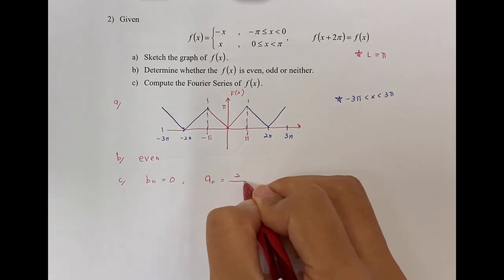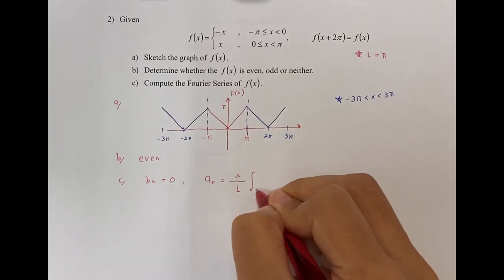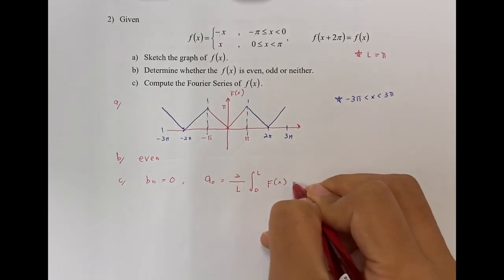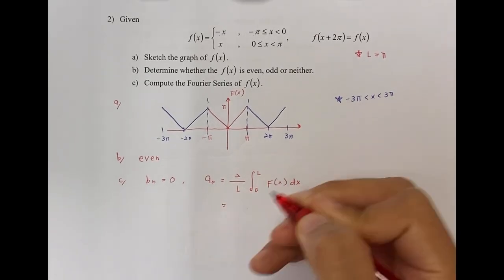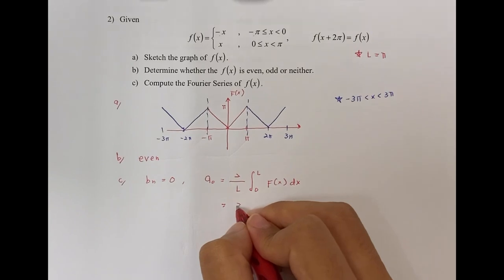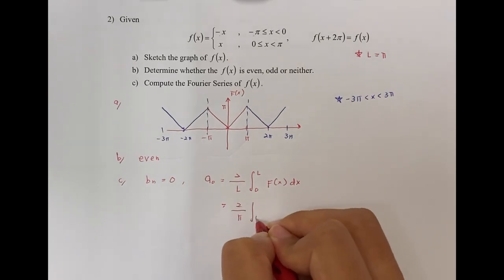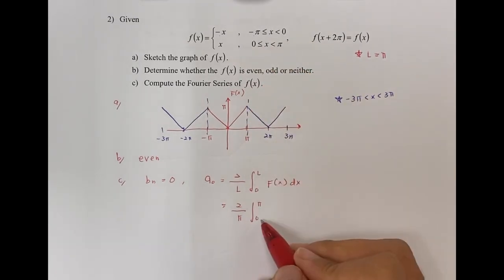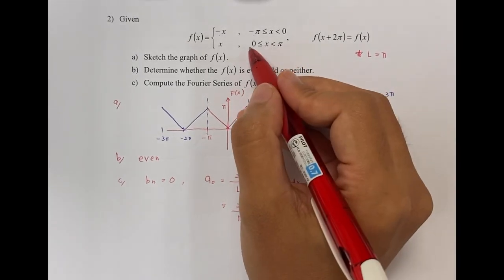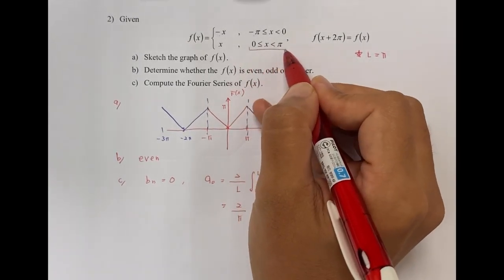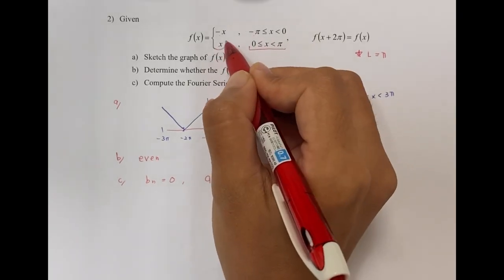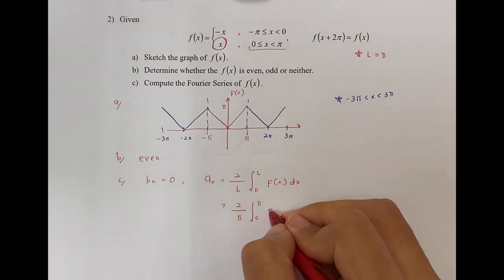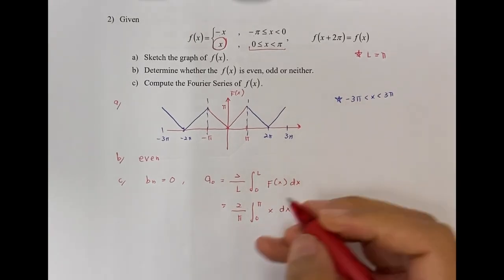Okay, so a naught is 2 over L, 0 to L, f(x) dx. So 2 over pi, 0 to pi, f(x) dx. So this is x from 0 to pi. So your f(x) is this one. f(x) is x. So x dx.